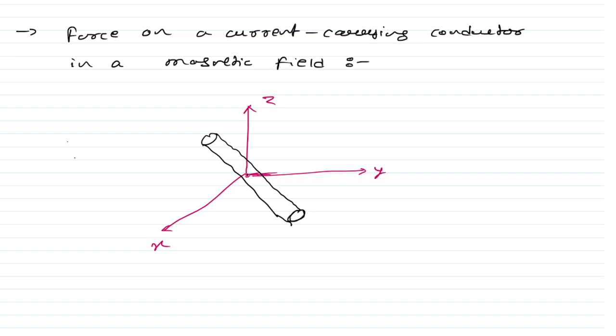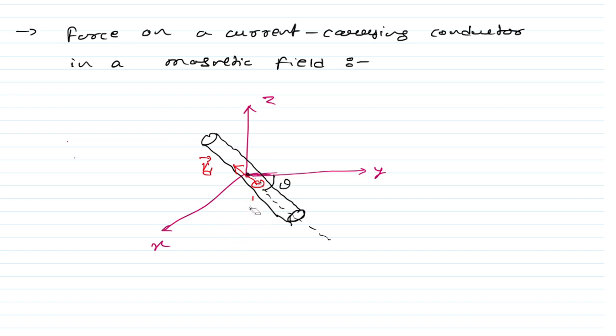Okay, so let us say this conductor is making an angle of theta with y axis, and suppose the charge particle, let's say electron, which are free to move, they are moving in this direction. Vd is the drift velocity in this particular direction, so opposite to that direction will be the direction of current I.